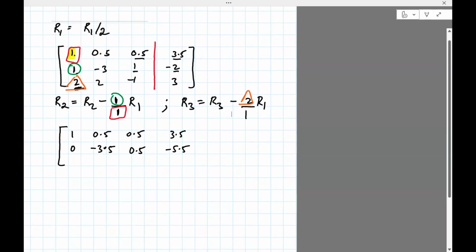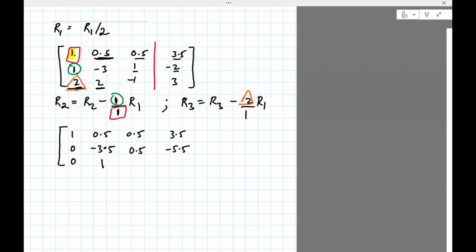Okay, so row 3 minus 2 times row 1. So 2 minus 2 times 1 is 0. Then we have 2 minus 2 times 0.5 is 1. So 2 minus 1 is 1.